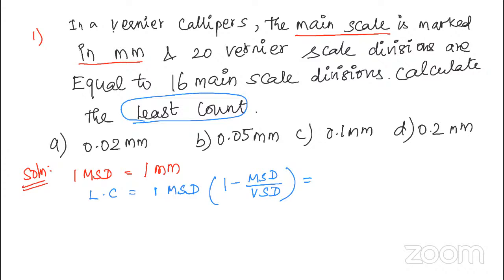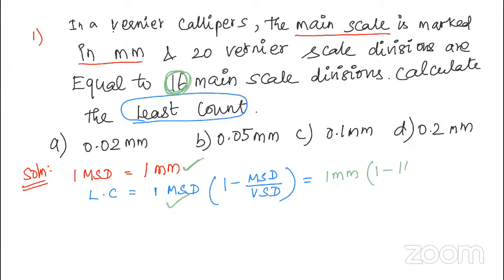For 1 MSD the value is 1 millimeter, so we write 1 millimeter into 1 minus MSD over VSD. See here, 16 main scale divisions is equivalent to 20 VSD.